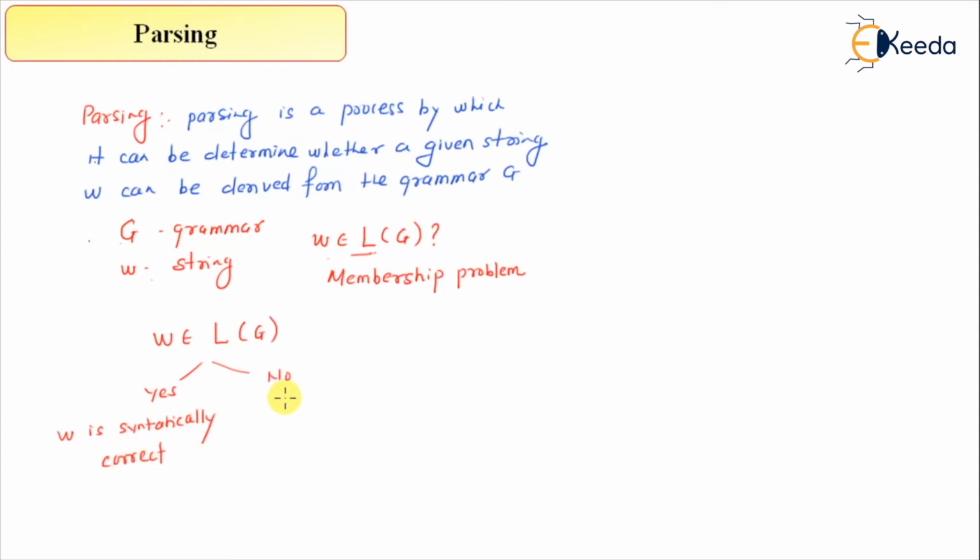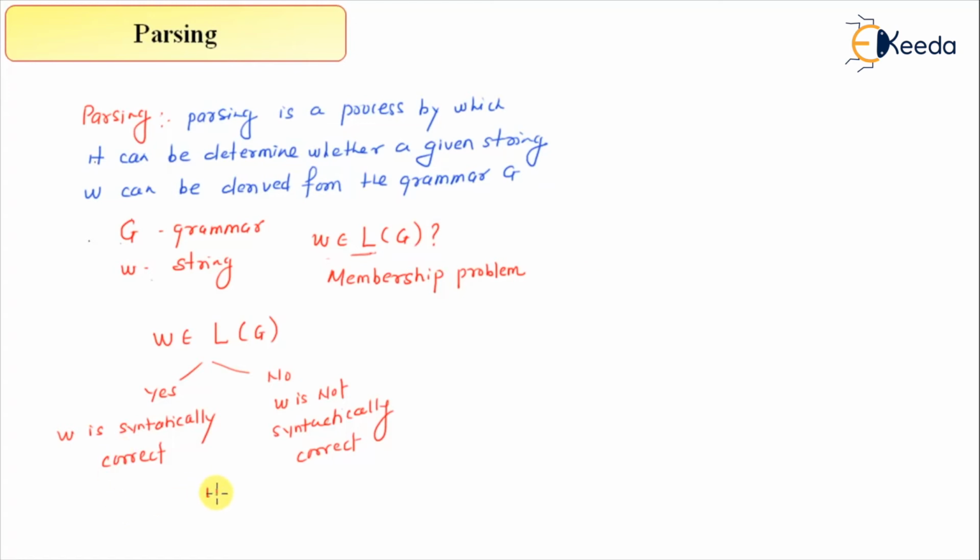And if it is no, then W is not syntactically correct, so there is some error. That is the process that we call parsing.